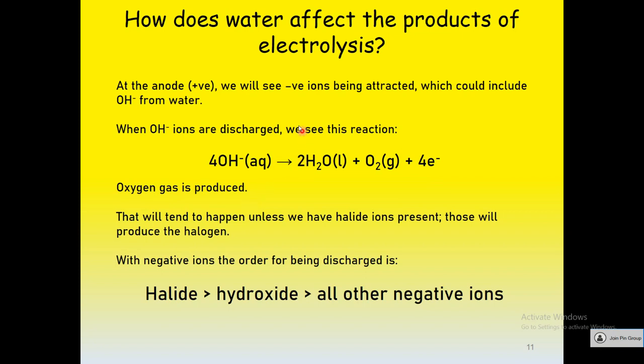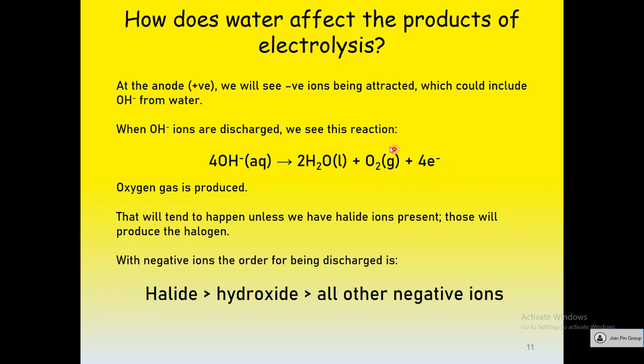We've also got to think about the negative ions. So that might include OH- from an aqueous solution of water. When those ions are discharged at an electrode, this is the reaction that we see going on. It looks quite complicated, but mostly that's to balance this equation.